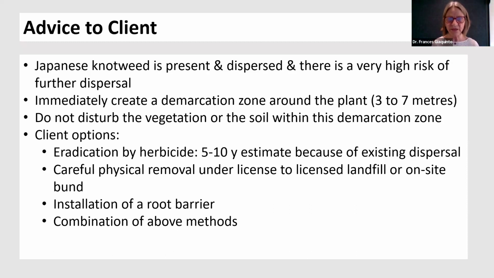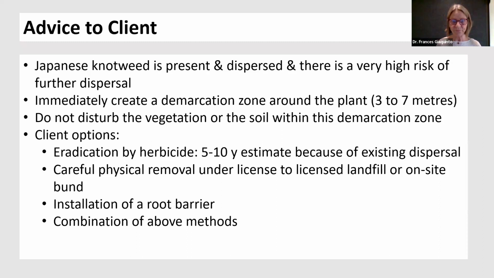To effectively and successfully remove an invasive species from a site, you need skill, you need knowledge, you need careful contractors. But their options for this particular site, for your interest: you can eradicate it by herbicide, but it's already dispersed, which means you're going to have to be treating it once a year, probably for far more than 3 years. It could be up to 10 years, because you don't know where it's going to pop up.